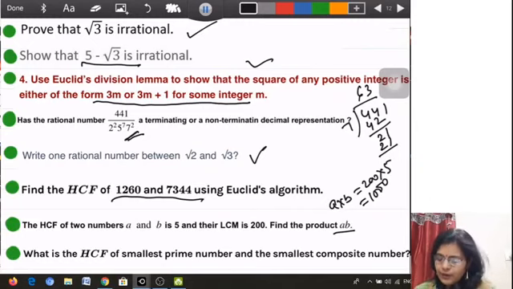Now again I have given you a simple question. What is the HCF of the smallest prime number and the smallest composite number? Again, just to make yourself confused, what is the smallest prime number? Right now I have told you the smallest prime number is 2 and the smallest composite number is 4.